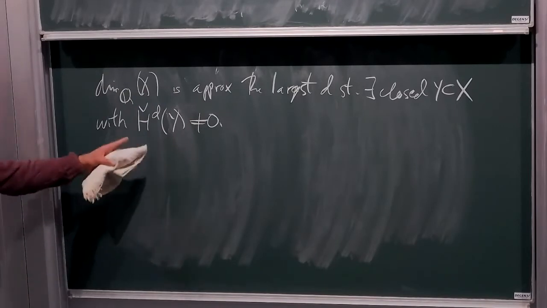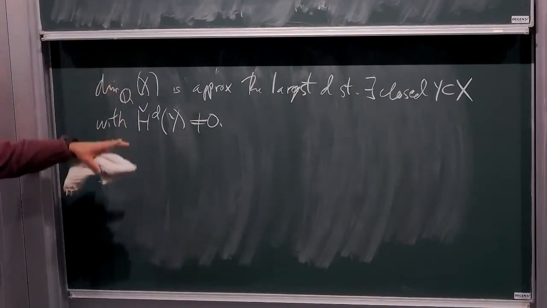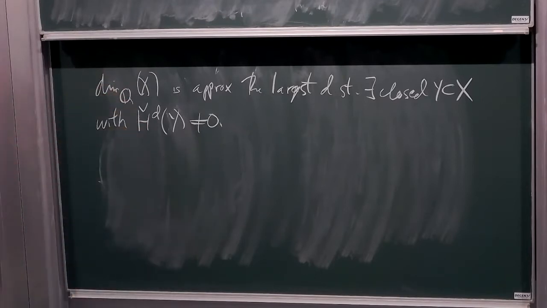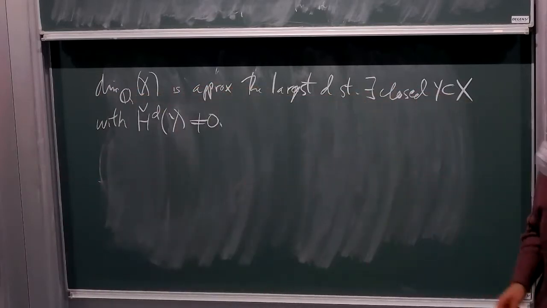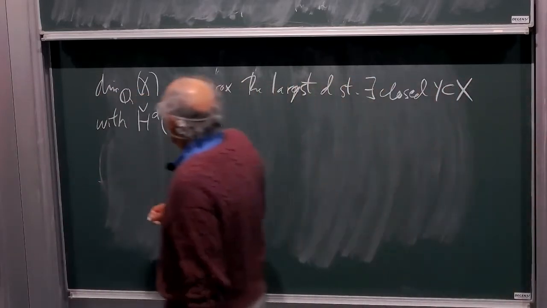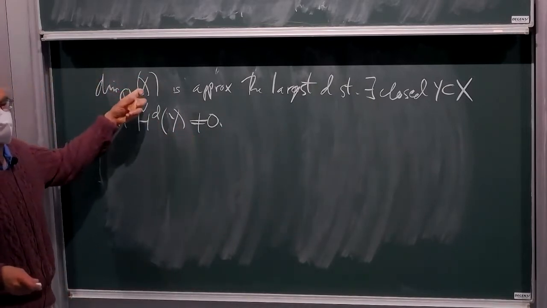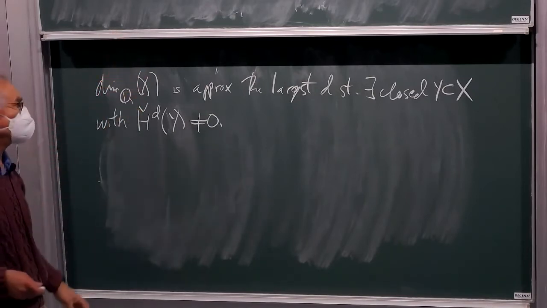This is not exactly correct. And if you try to make this definition of dimension, then for some spaces with the same dimension it gives different answers by 1. But at least this is always true if you take D to be 1 less than the dimension of X for a finite complex or whatever.